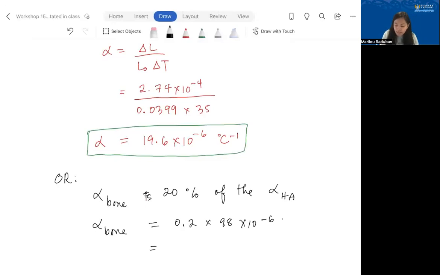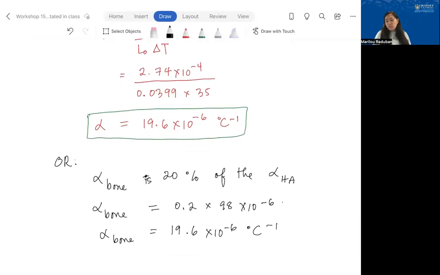Doing this calculation would also give you the same answer for the alpha of the bone, which is actually a shorter way of answering that question. But either solution should work.